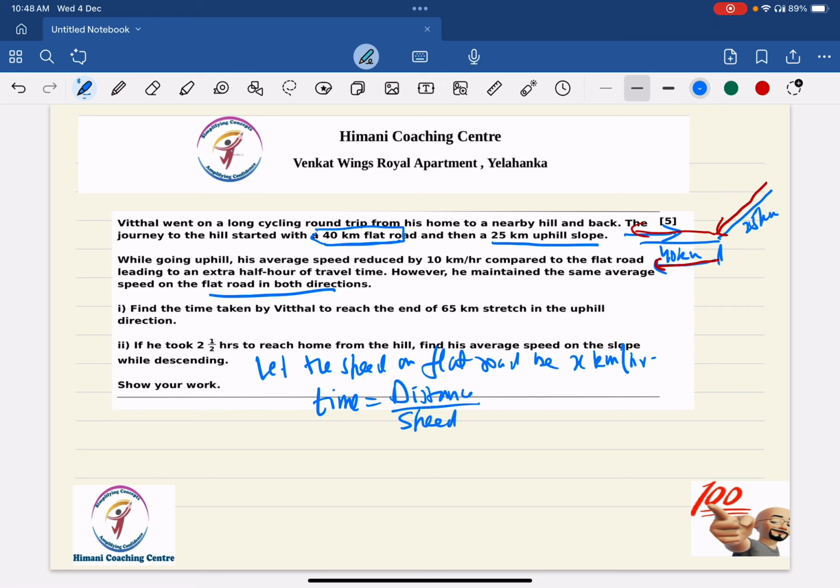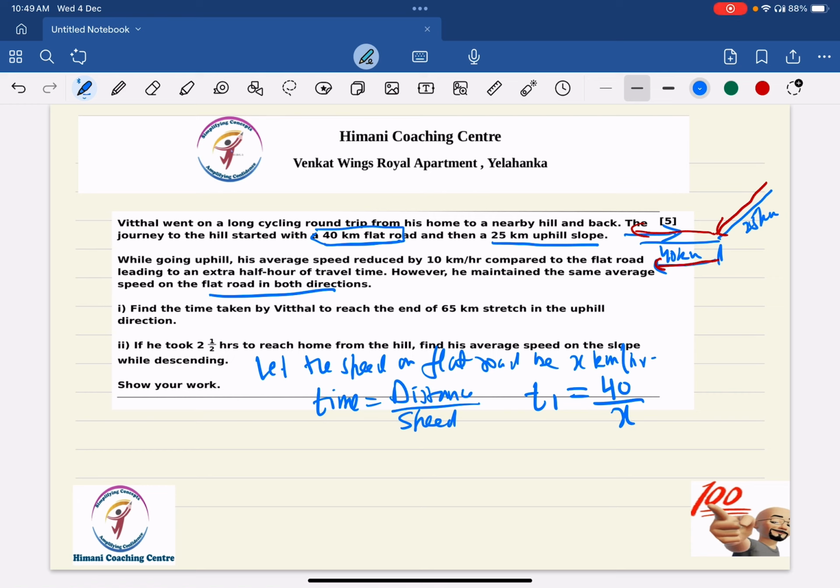So time taken by him to cover this 40 kilometer stretch on flat road, let us write T1. What is the distance he covered? 40. And what is the speed? x. T1 is equal to 40 by x. Okay. That is the time taken by him.